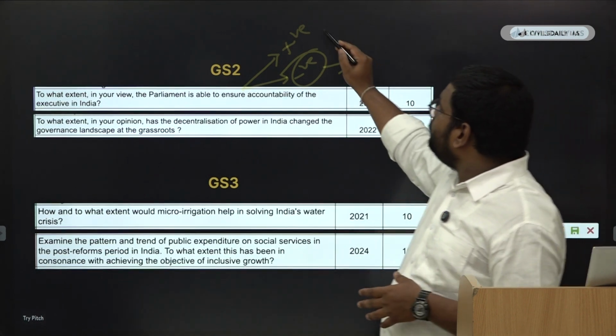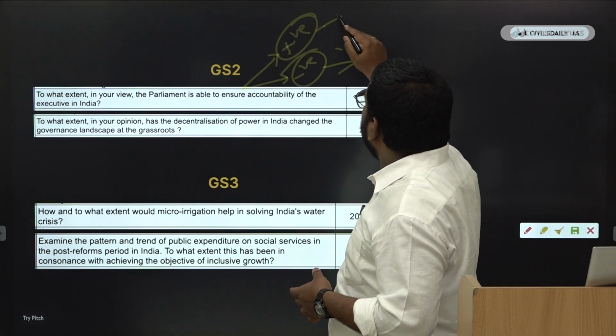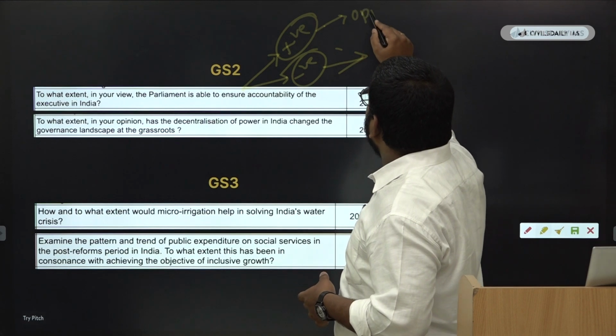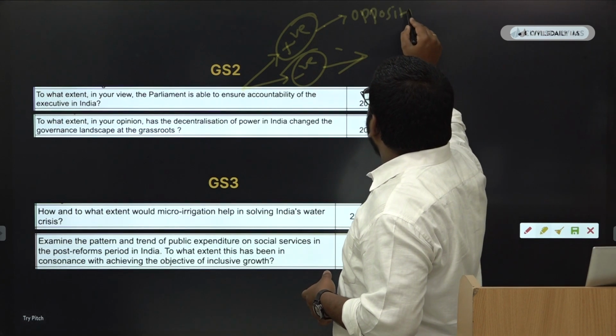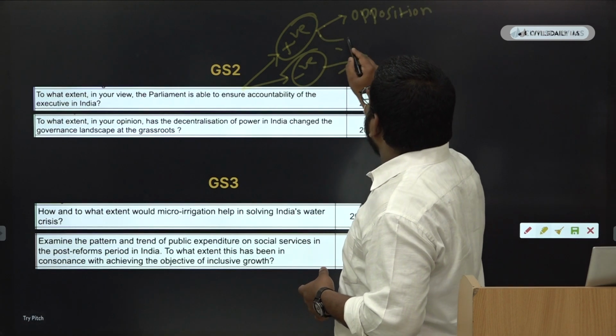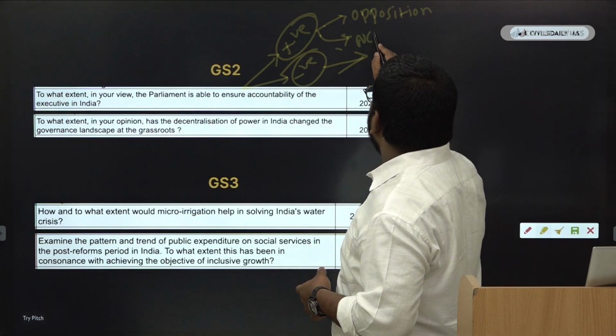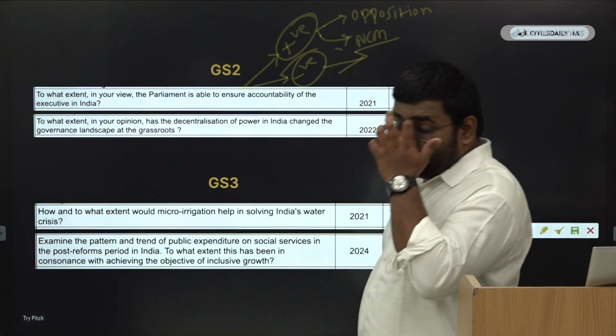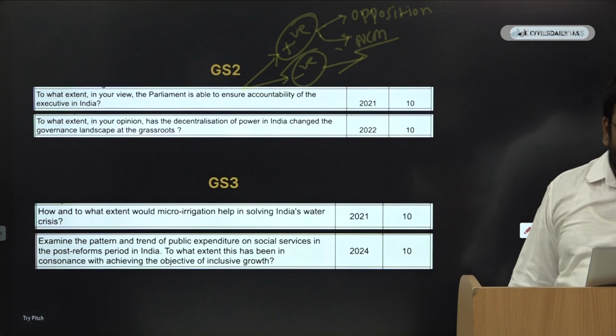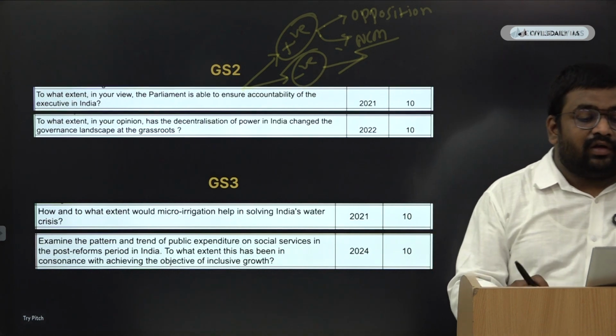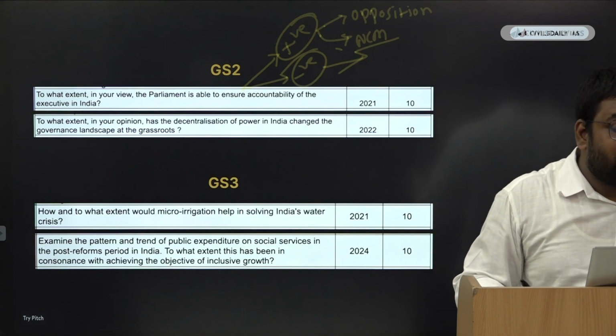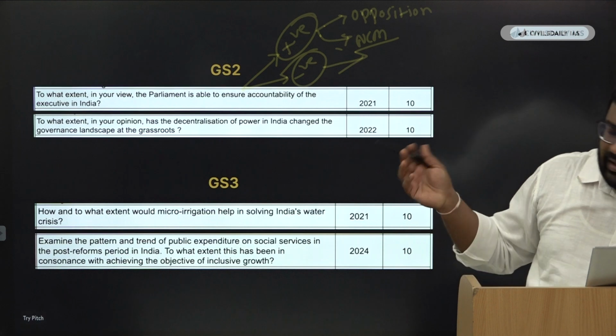On the positive side, for example, the role of opposition. You can also mention no confidence motion. You can give the instance. Or the speeches, the discussion on important issues on such matters.